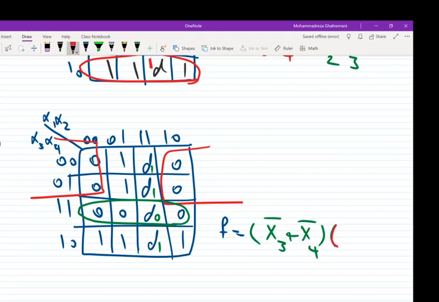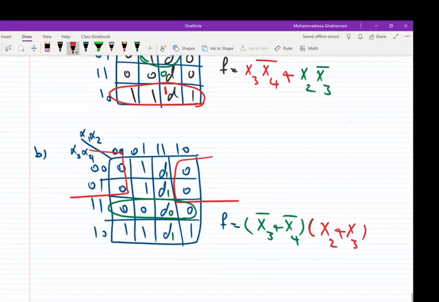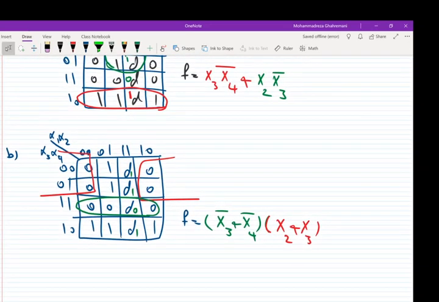If you look at the red one, we see that x1 is changing, x2 is 0, so we consider x2 plus, and x3 is 0, but x4 is changing, so we consider x3. So this is the simplified version of the minimum cost product of sums.